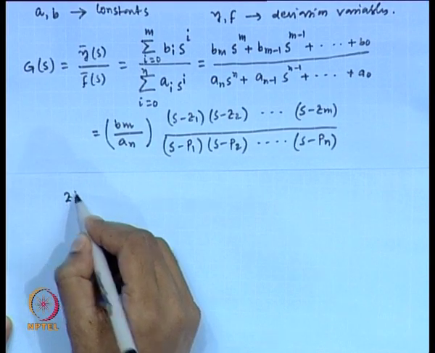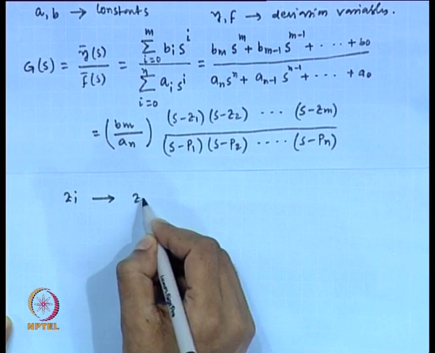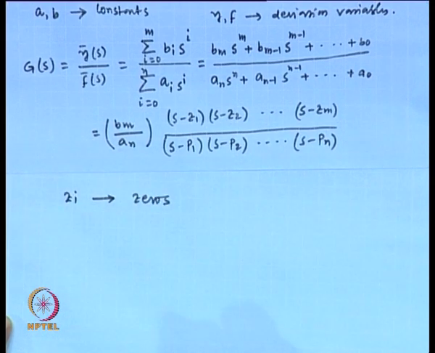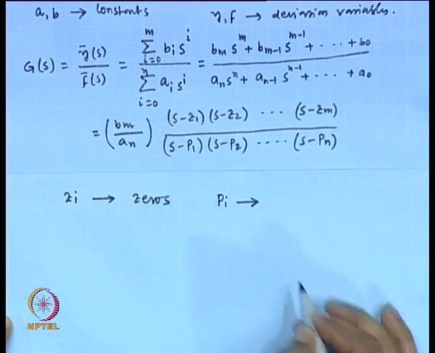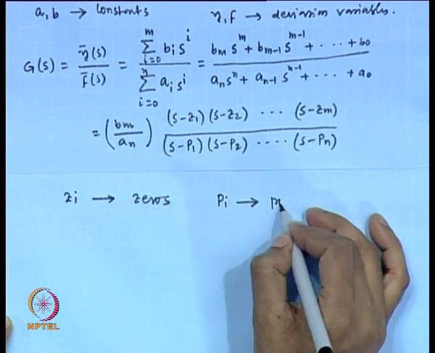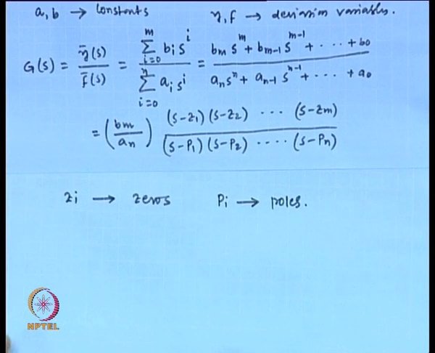z_i denotes the zeros and p_i represents the poles. Fine. Now, what about the order n and m?